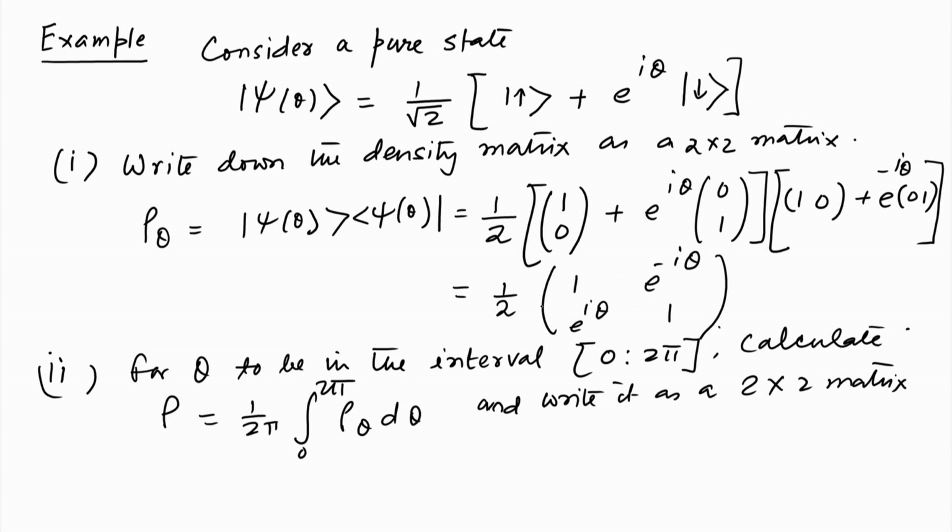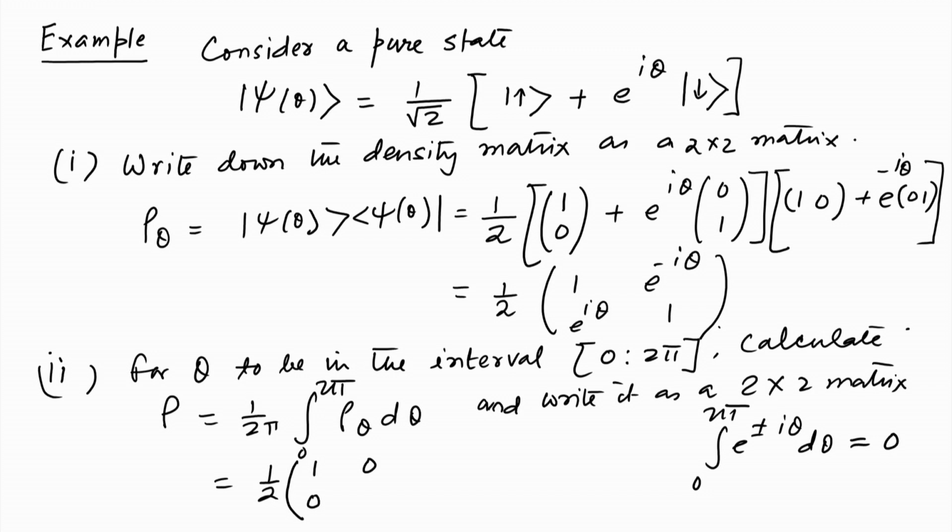Now, the diagonal elements of course do not depend upon theta, so they will stay as what they are. The integral of exponential minus i theta d theta over 0 to 2 pi gives me 0, and this is 0 as well, exponential i theta. So, the integral of exponential plus minus i theta d theta over 0 to 2 pi gives me 0, because i comes out and then there is an exponential i theta integral from 0 to 2 pi.